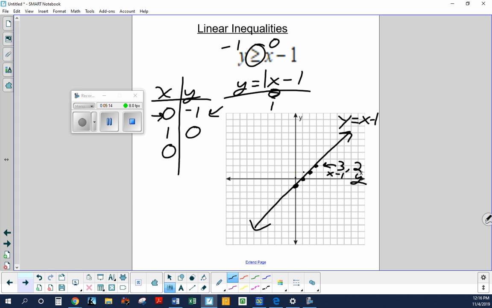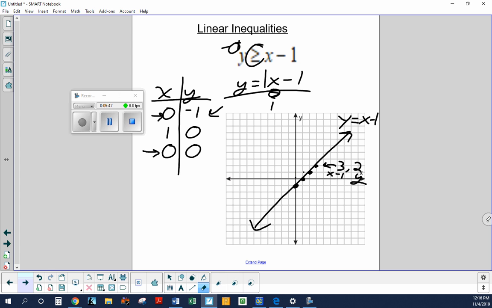This inequality says that y is allowed to be anything equal to or greater than x minus 1. So if x were 0, like here, y could equal -1, but it could also be anything greater than -1. Having a 0 for the x and a 0 for the y would also work, because if I solve that, y is still going to be greater than or equal to x minus 1.